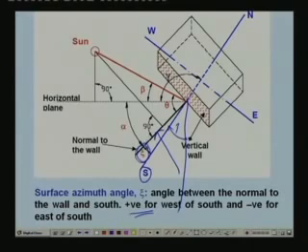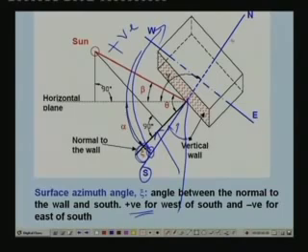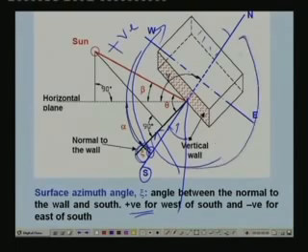That means for all these directions, this is the south, so on all these directions you take zeta as positive. Zeta varies from 0 degrees when the normal coincides with the south, to 180 degrees when it coincides with the north. That means for this one it is 180 degrees. And in this direction, if it is facing in this direction, it varies again from 0 to 180 degrees through negative values.